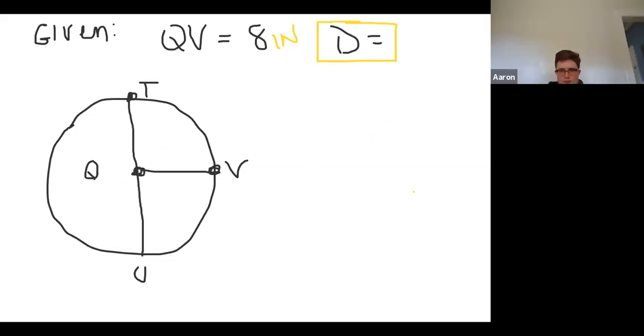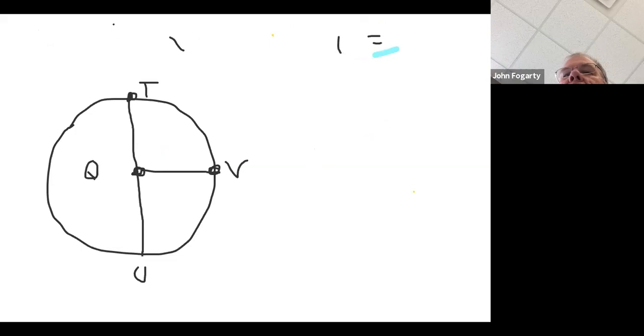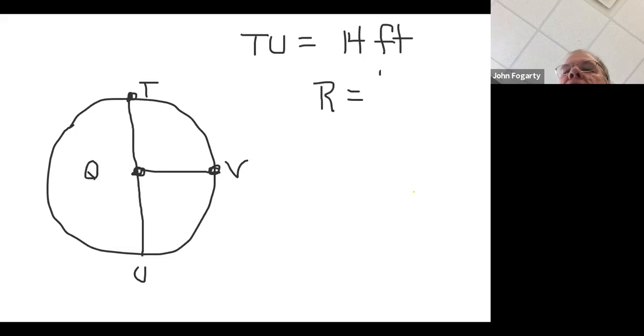What if instead I tell you TU equals 14 feet, and then I said to you, what's the radius? Well, look at your picture and tell me what type of segment TU is.